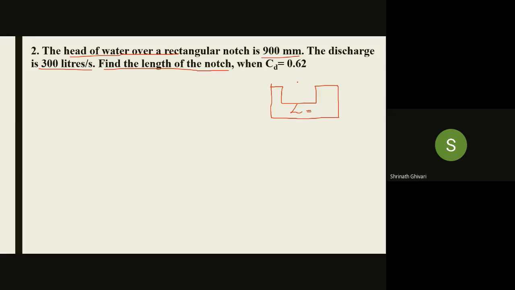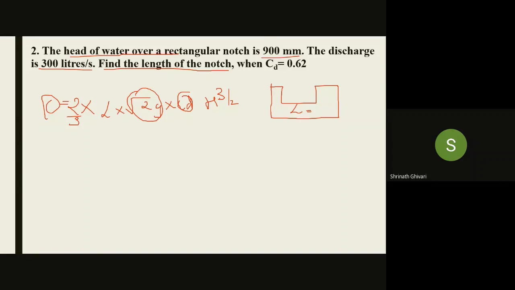You only calculate and tell me the answer first. You know the formula? Q equal to 2 by 3 into L into square root of 2G into CD into H raised to 3 by 2. What is given? Square root of 2G. We have the value of CD 0.62.